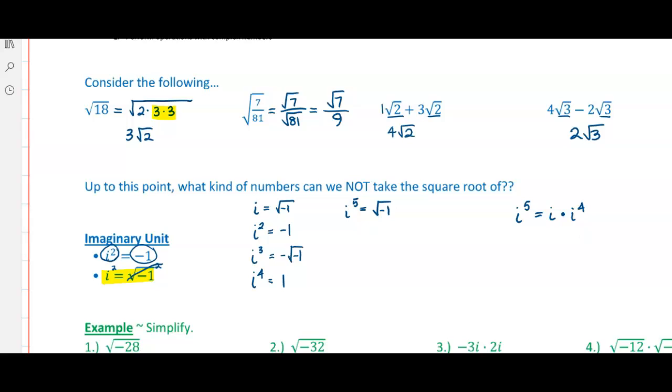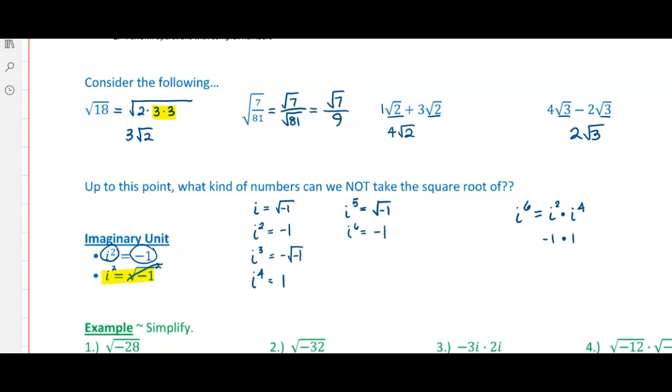And we'll keep doing this for a while so we notice the pattern that's developing. i to the sixth would be i squared times i to the fourth. i squared is negative 1. i to the fourth is 1. So when I multiply those, i to the sixth is negative 1.